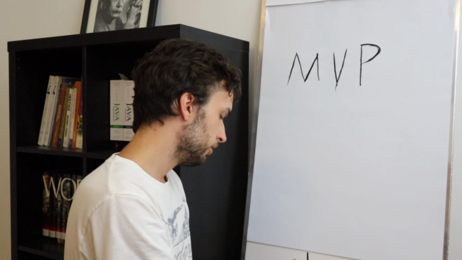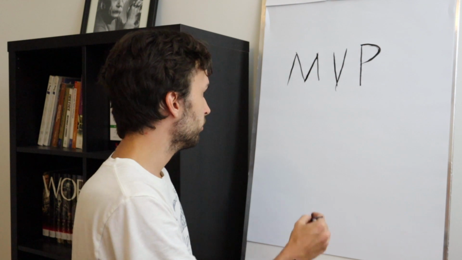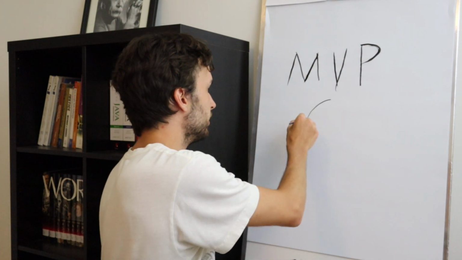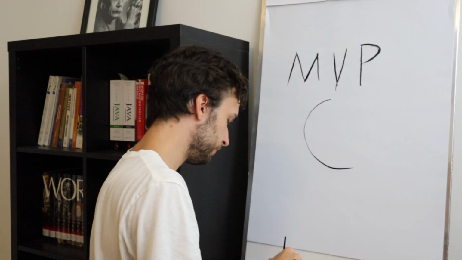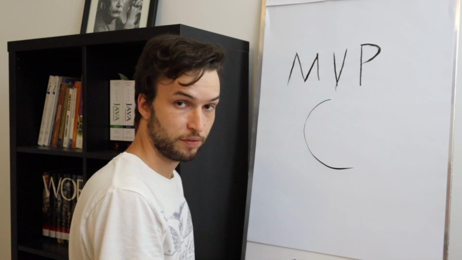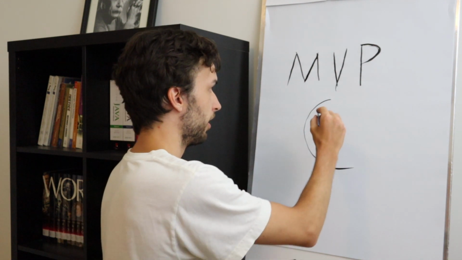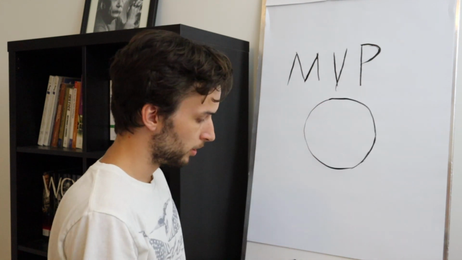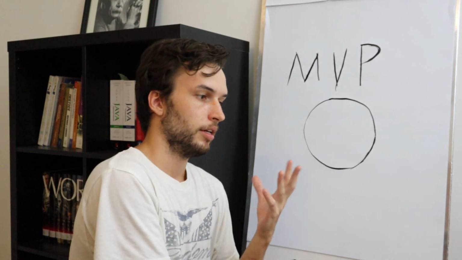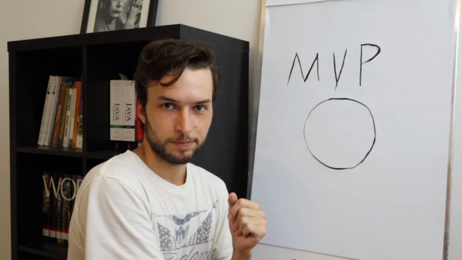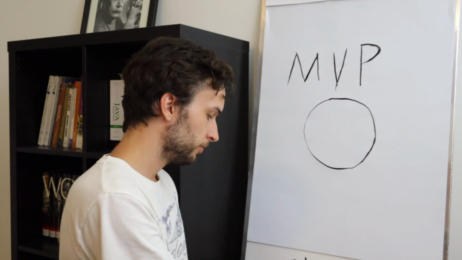Let's say we'll draw a circle here. Let's say this is the feature space, or the set of all possible features which you could have. So maybe one of them might be a login button. That might be a feature.